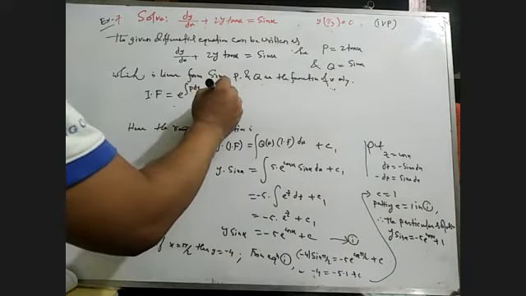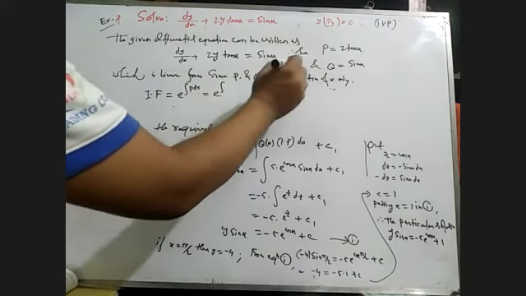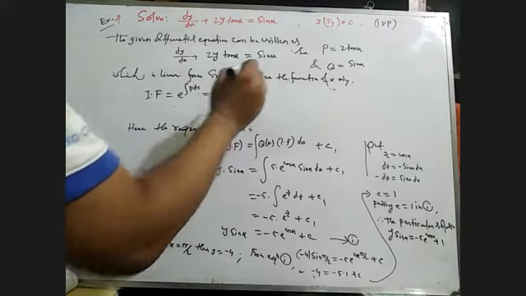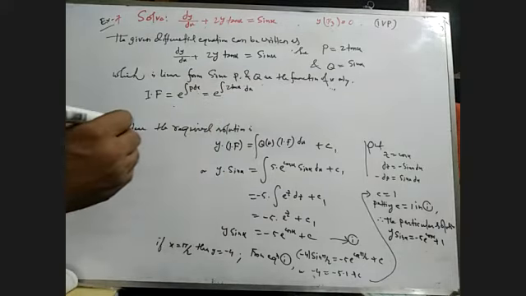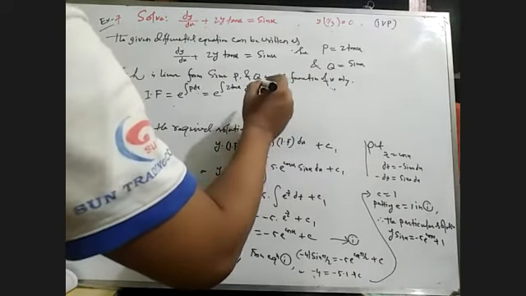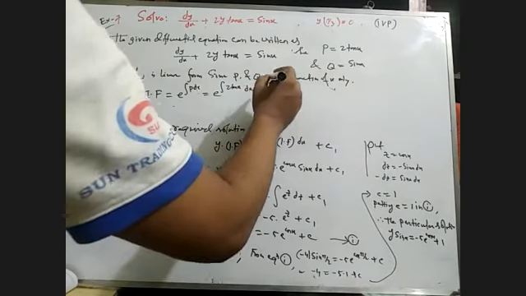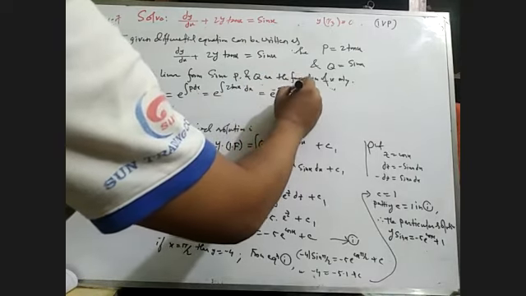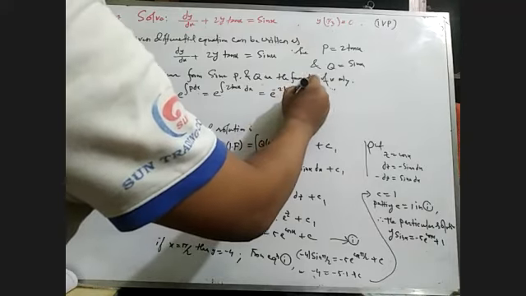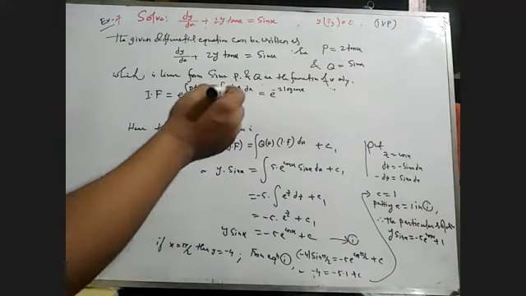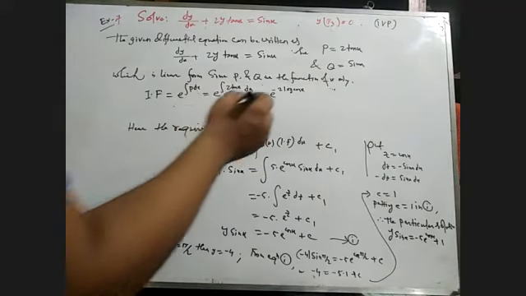e to the power integral of p dx. That means e to the power integral of 2 tan x dx. Now, what will be the integration of tan x? The integral will be minus 2 log cos x. Remember it, the integral of tan x is minus log cos x.